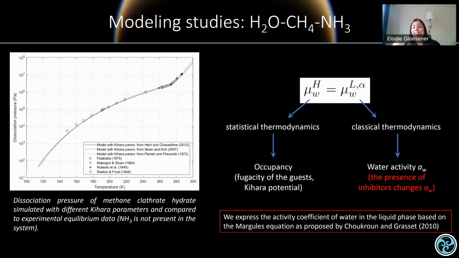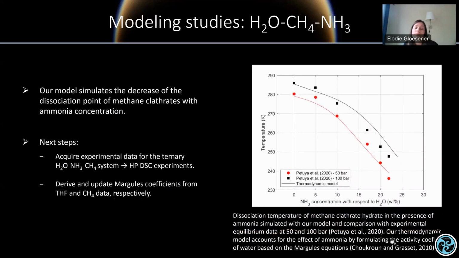When ammonia is present in the system, the water activity is going to change, and we express the activity coefficient of water in the liquid phase based on the Margules equation as proposed by Shukrun and Gazet 2010. Here on the right, you can see our results for the dissociation temperature of methane clathrate in the presence of ammonia at 50 and 100 bar, in comparison with experimental equilibrium data.